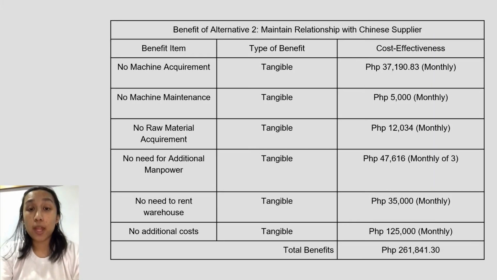Now we have the benefit of alternative 2, maintaining the relationship with Chinese suppliers. You could see that every benefit here is tangible, as the benefit of alternative 2 is the cost of alternative 1. If you maintain your relationship, you don't need to do a lot of things to meet the additional demand, as it's all about your contract with the Chinese supplier.